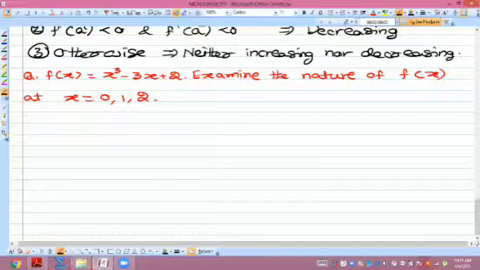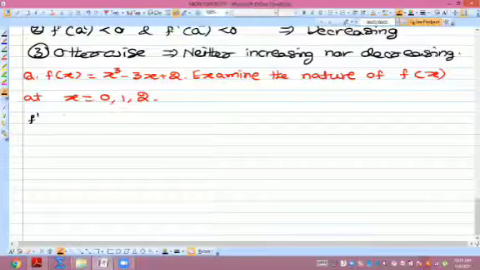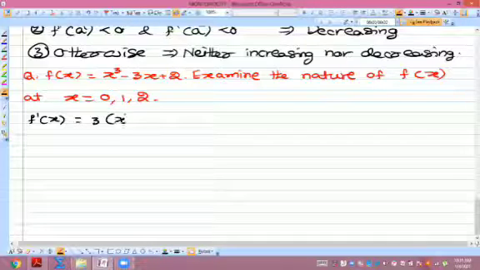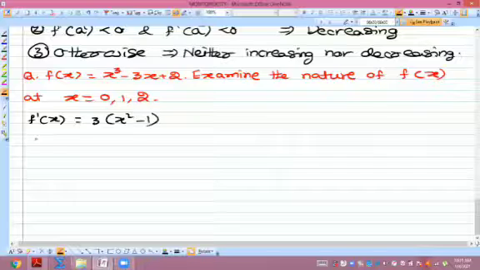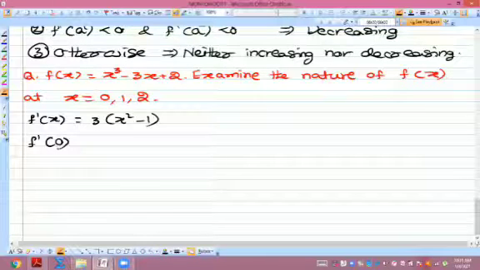What is f dash of x first of all? It's 3x square minus 3. I can write like this, no? What is f dash of 0? Positive or negative? Negative.